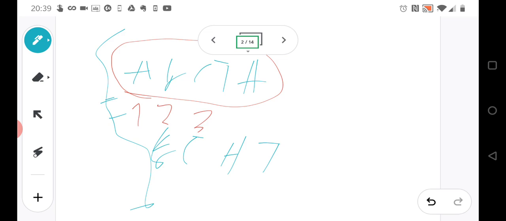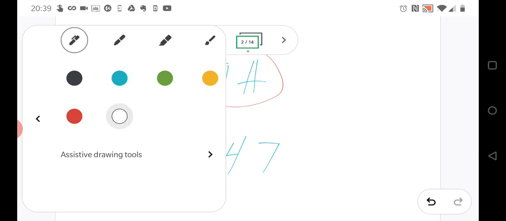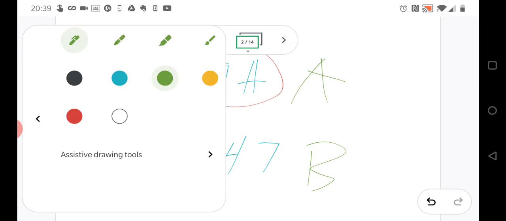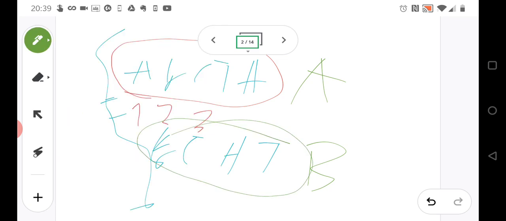So in order to specify that this is person A and this is person B, we need to find some combination of the nucleotides that is different between two people.